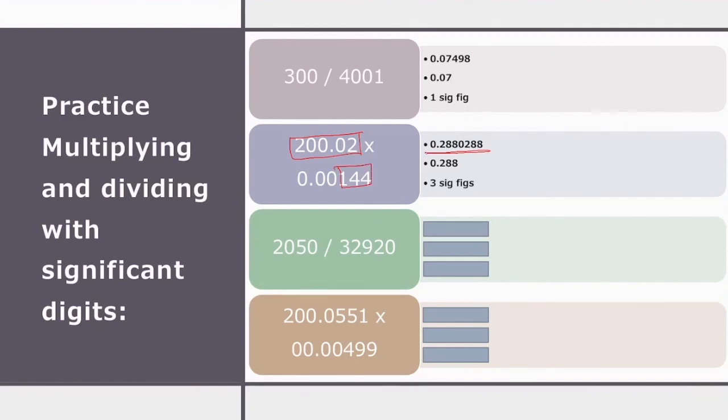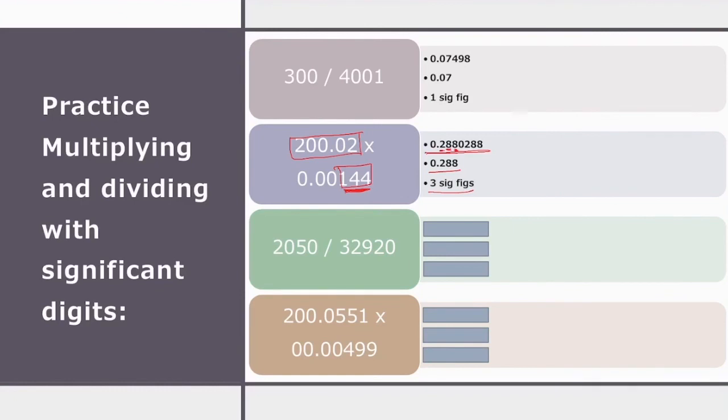So I need to have only 3 sig figs in my final answer. So what I'm going to do over here, I'm going to go 1, starting with that 2, 2, 3. And since the next digit is a 0, I'm not going to round anything up. So there's my final answer right there, 0.288. And that is 3 significant digits.